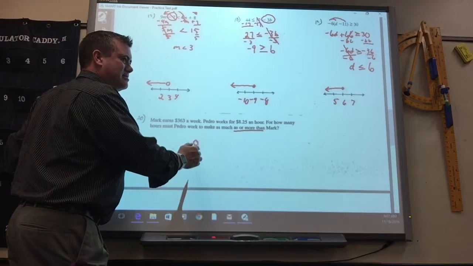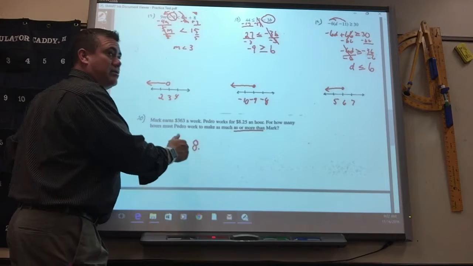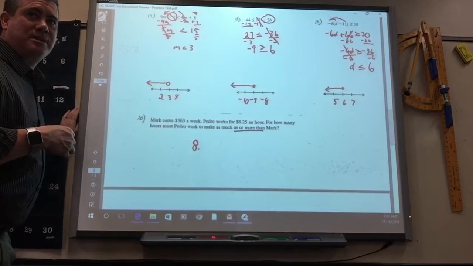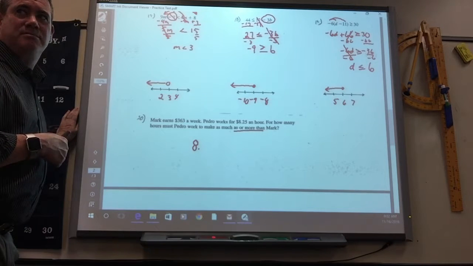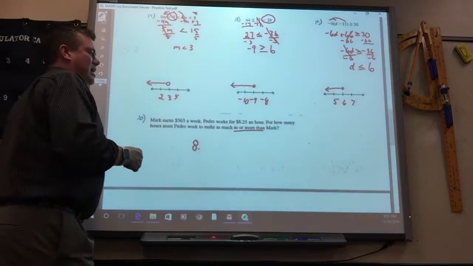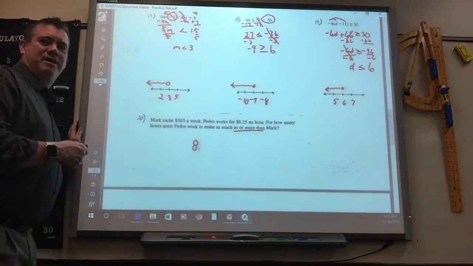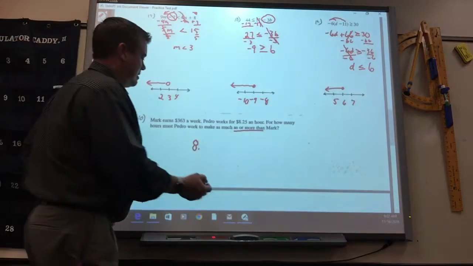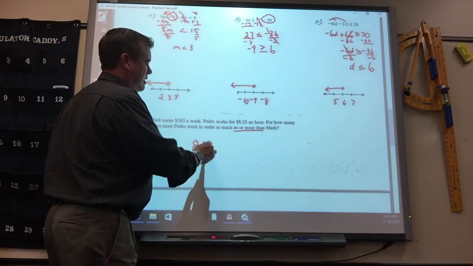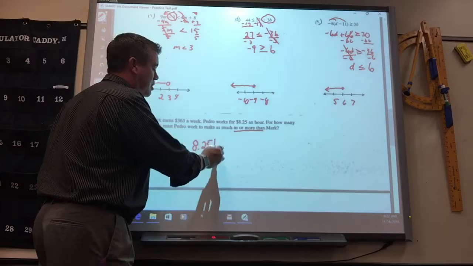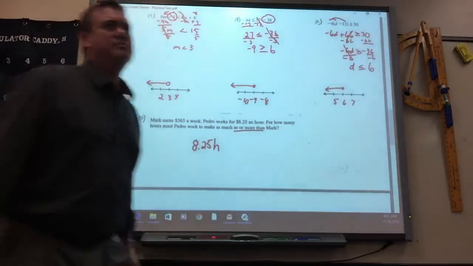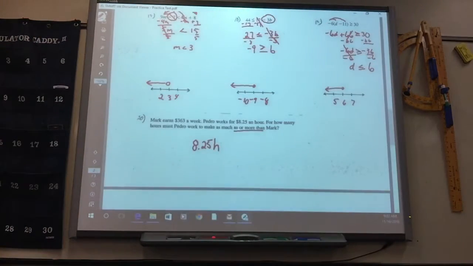How much is it? They're in Mexico. Oh, I don't think it's 9 in Minnesota. Isn't it like 7? No, it's 9. It's 9 everywhere. This is Mexico. I thought minimum wage in Mexico is like $7.75. Okay, so Pedro makes $8.25 per hour. You can use X or H or whatever.